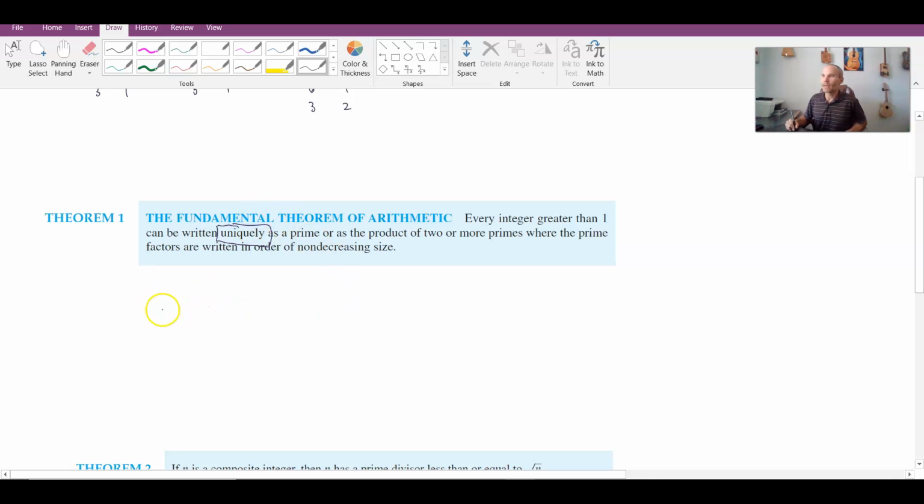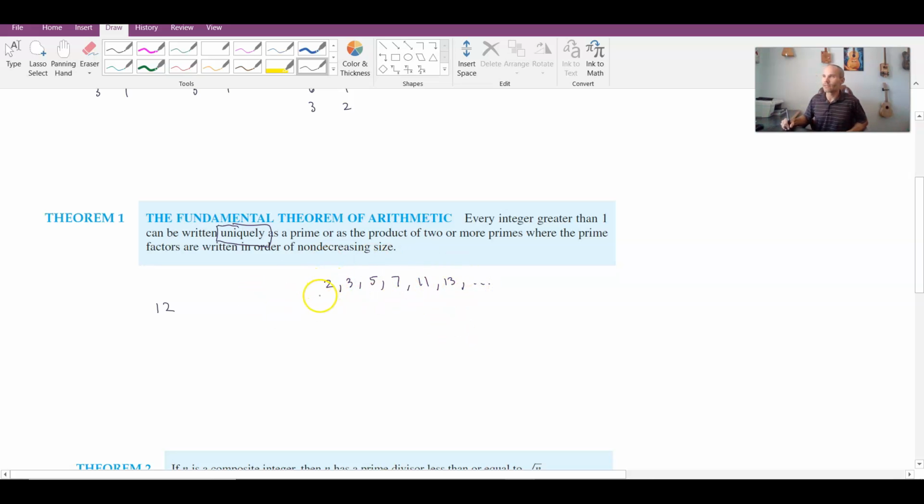For instance, we could pick the composite number 12, and we can start to break this up into prime factors. We know that the first few prime numbers are 2, 3, 5, 7, 11, 13, and the list goes on, in fact infinitely, as we'll soon describe.